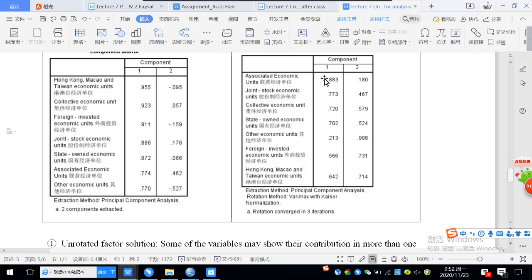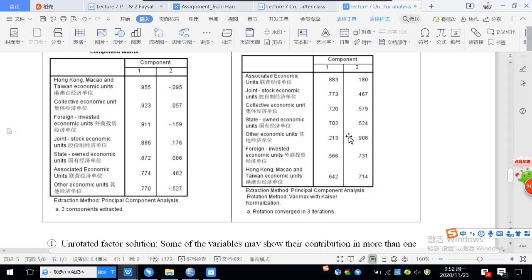Okay, so these 4 variables has larger loading in component 1, small in component 2. So we can say that the component 1 can be explained by these 4 variables.